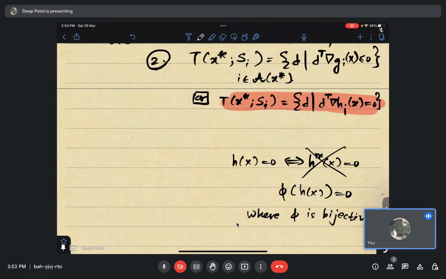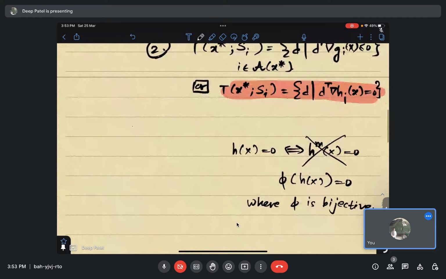Polynomial is one easy one to see because the equality is with 0. But in general, I could pick any bijective function such that it still remains 0. Again, specific to h, you'll have to come up with the function phi.